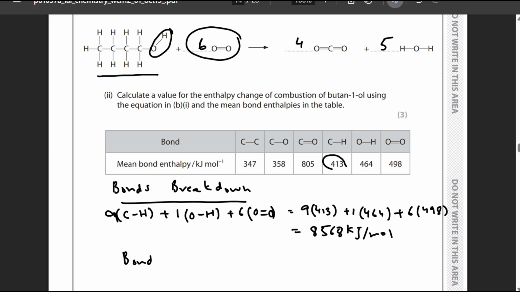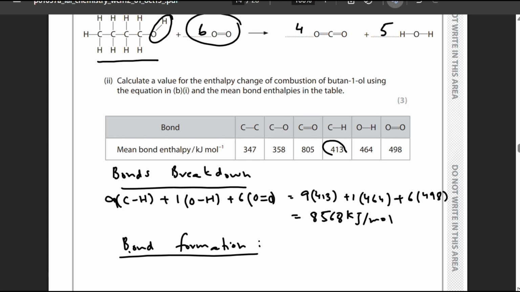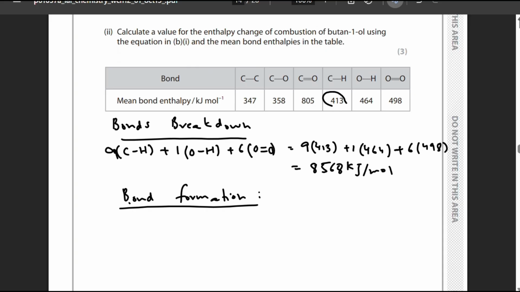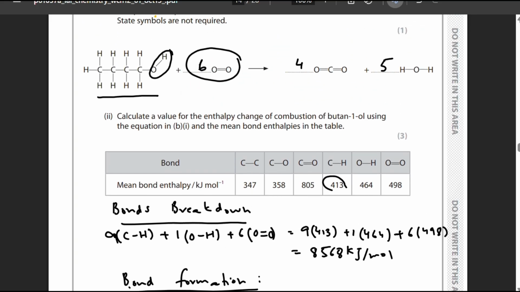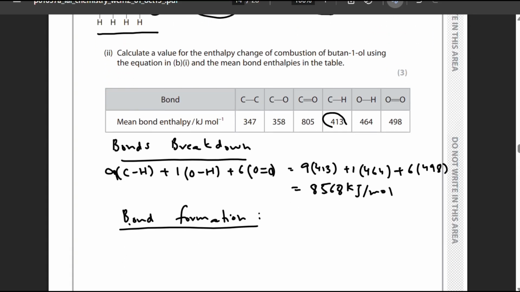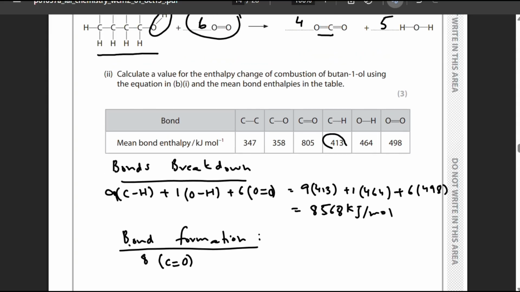Now energy involved in bond formation. Here look at the equation. Carbon oxygen bonds, so in each molecule there are 2 carbon-oxygen bonds, and there are 4 molecules. So it means there are 8 carbon-oxygen double bonds in products where the bonds are formed.